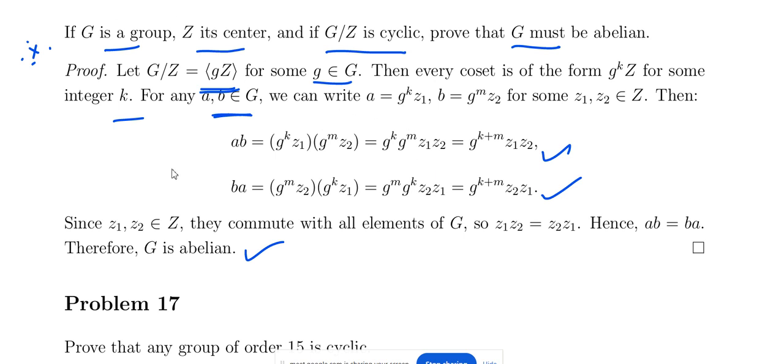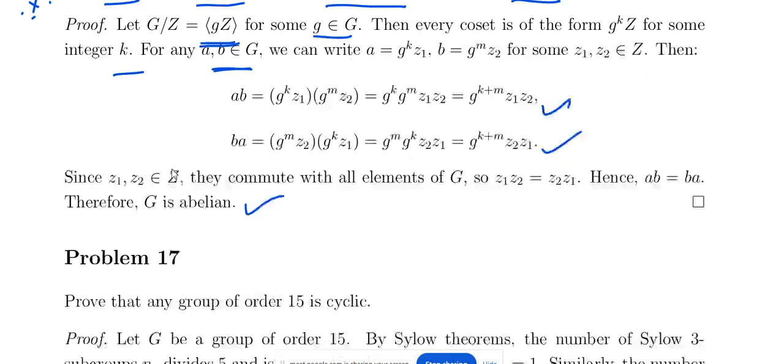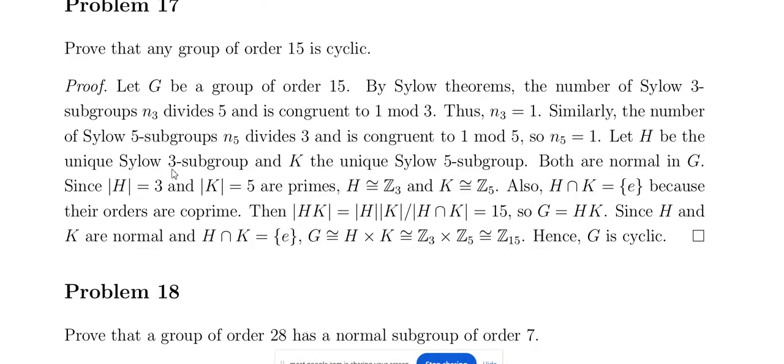I think we saw this yesterday too. So any group of order 15 is cyclic. Any group of order 15 is cyclic.